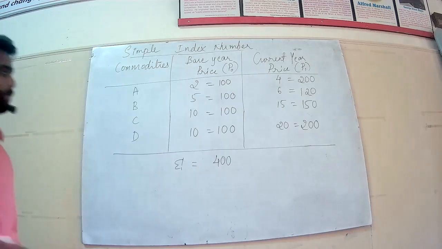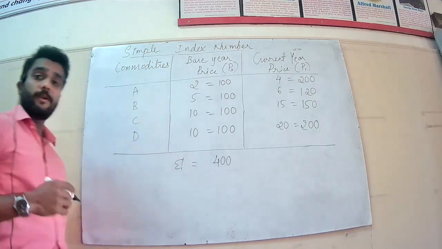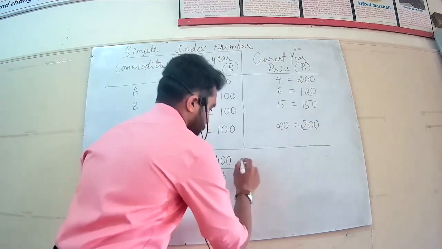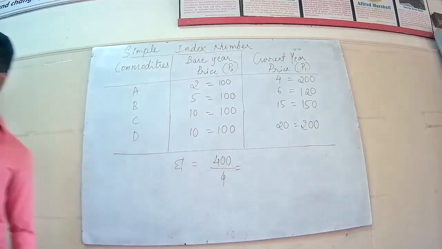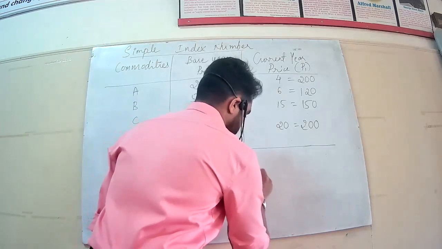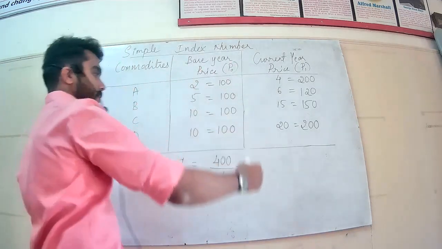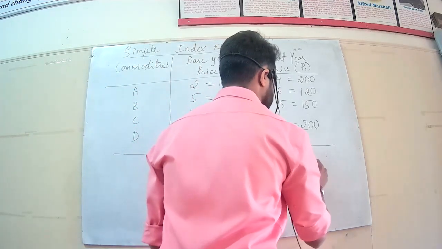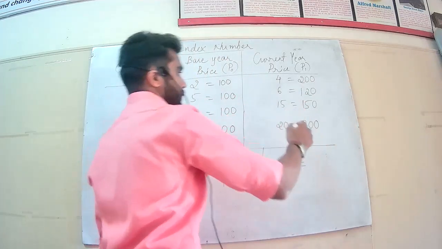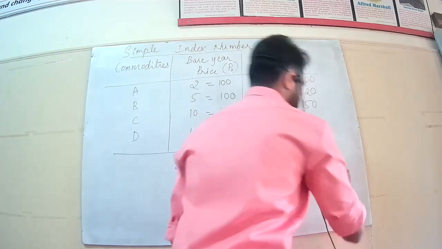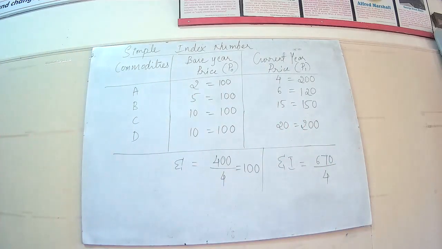For the base year, the summation is 400, divided by the total number of commodities. The total number of commodities is 4. Therefore, 400 divided by 4 is 100. In the same way, for the current year, the summation of index numbers is 670 divided by 4.